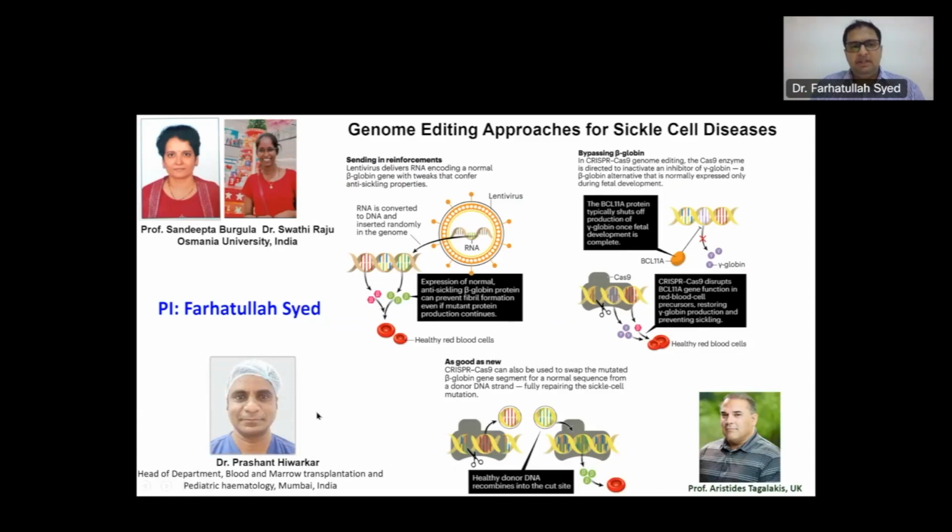Professor Sandipta Bugla has a very good lab at Osmania University, and she has a very talented postdoc, Swati, working on this. We also have Dr. Prashant Hivakar, who was a PhD friend at UCL, and Professor Aris, who worked with me on a number of nanoparticles. So we are using all these three technologies.